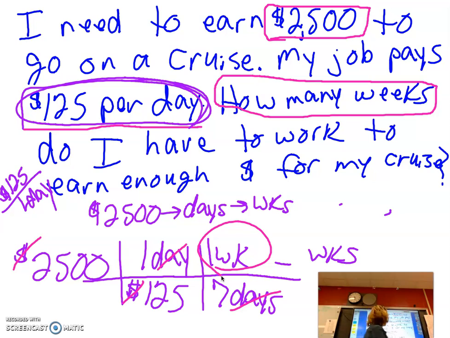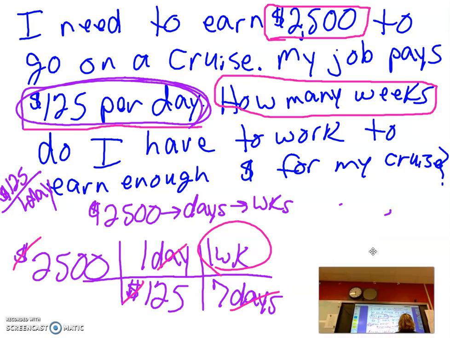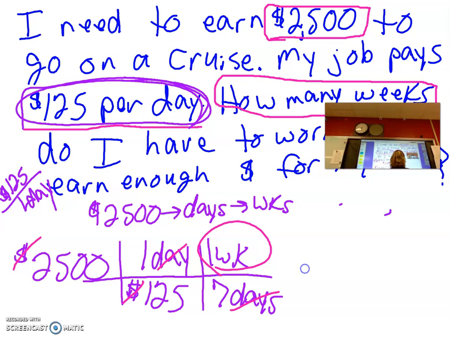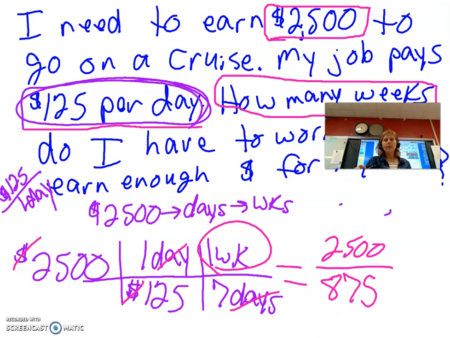2,500 times 1 times 1. So if I multiply 2,500 divided by 125 times 7, I solved this as a fraction.